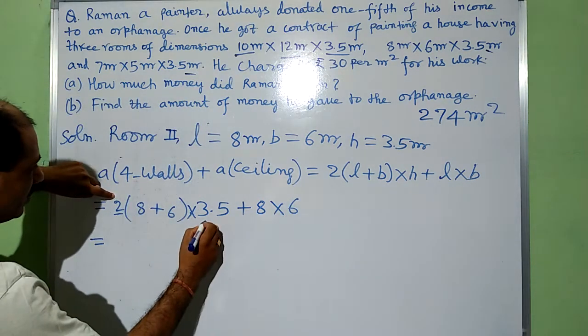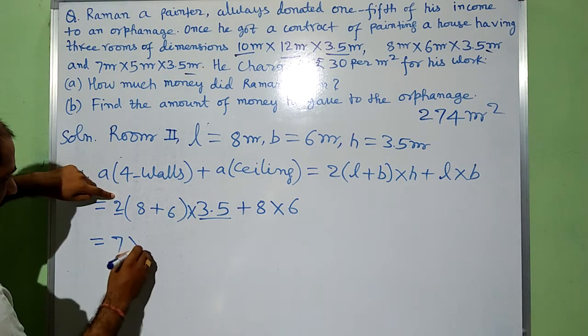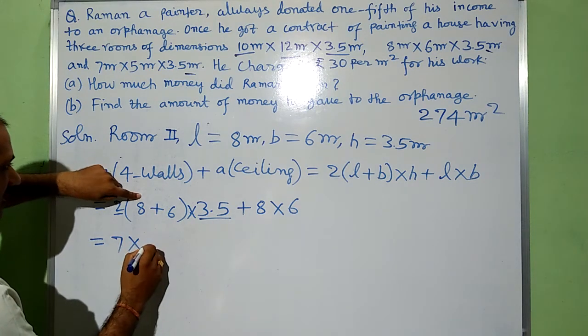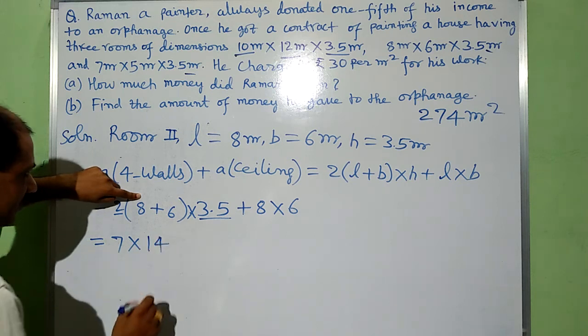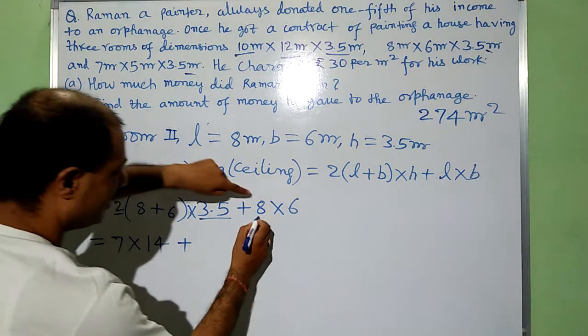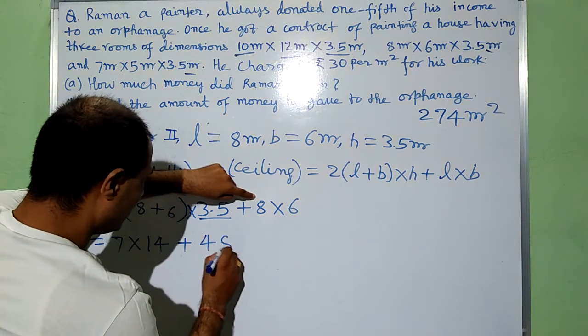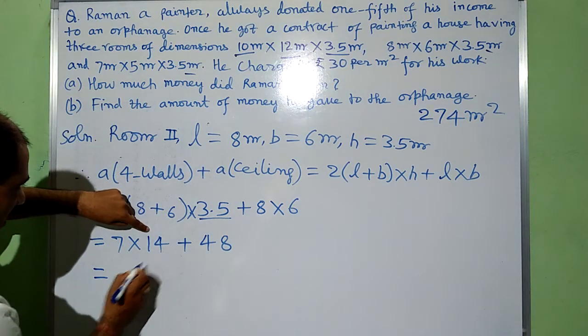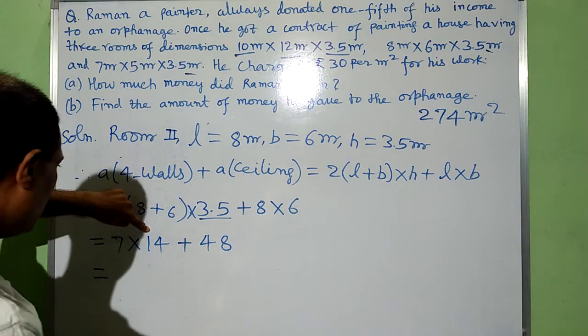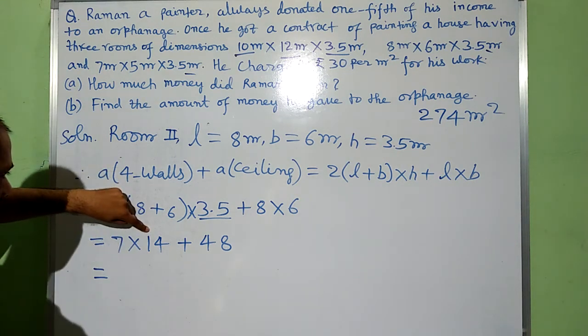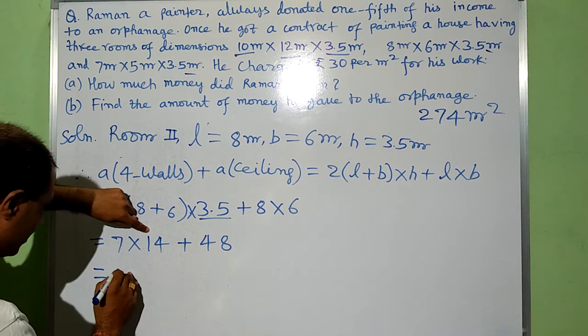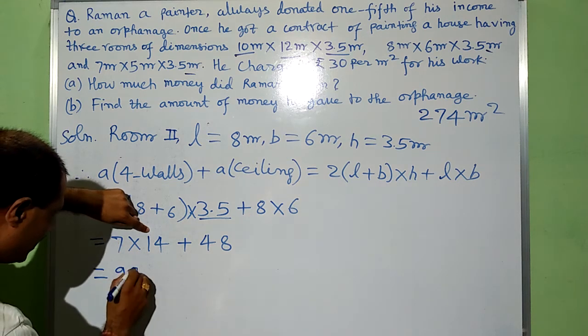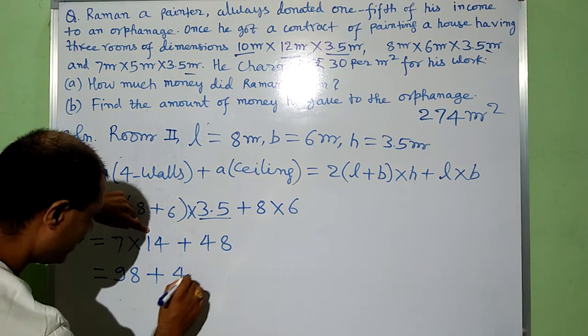From this, 2 into 3.5, that is 7, into 8 plus 6, that is 14, plus 8 into 6, 48. 7 into 14 is 98 plus 48.